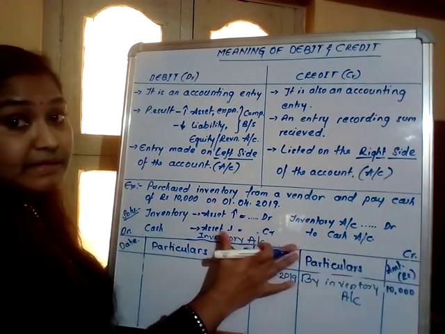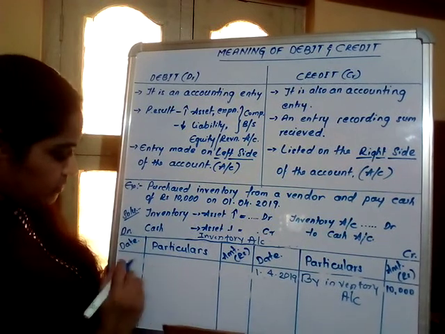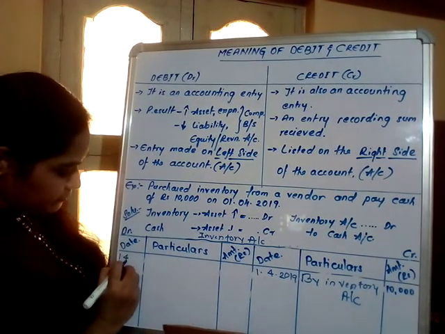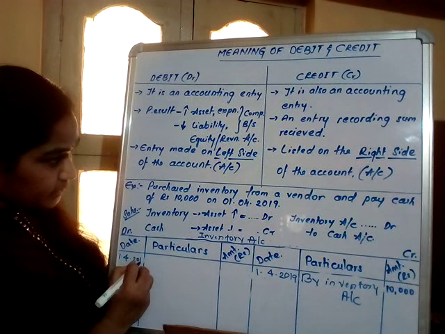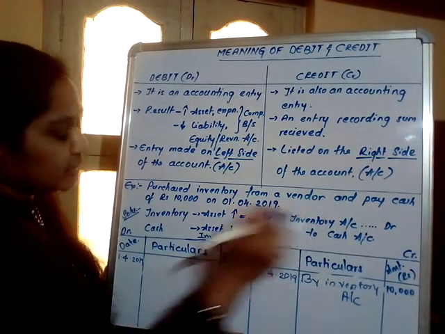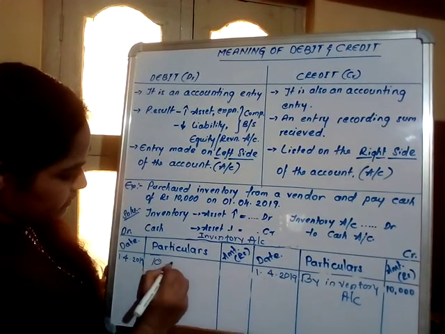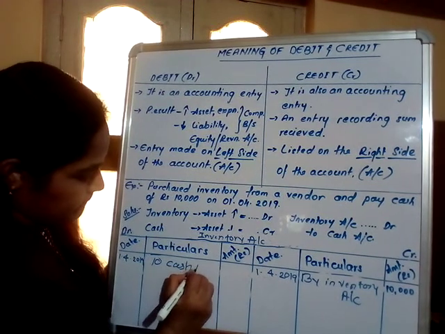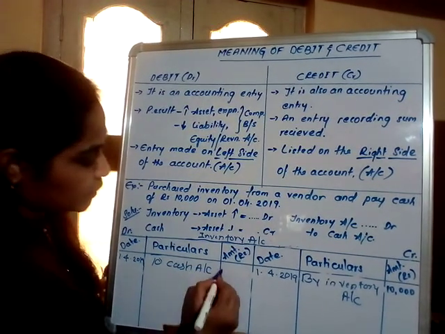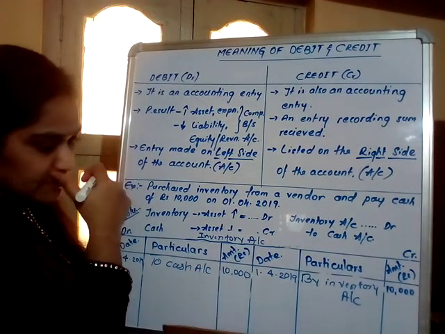It is an inventory account. While posting into the inventory account, here we will write the date 1/4/2019, and the inventory account debited to cash account, amounted to rupees 10,000.